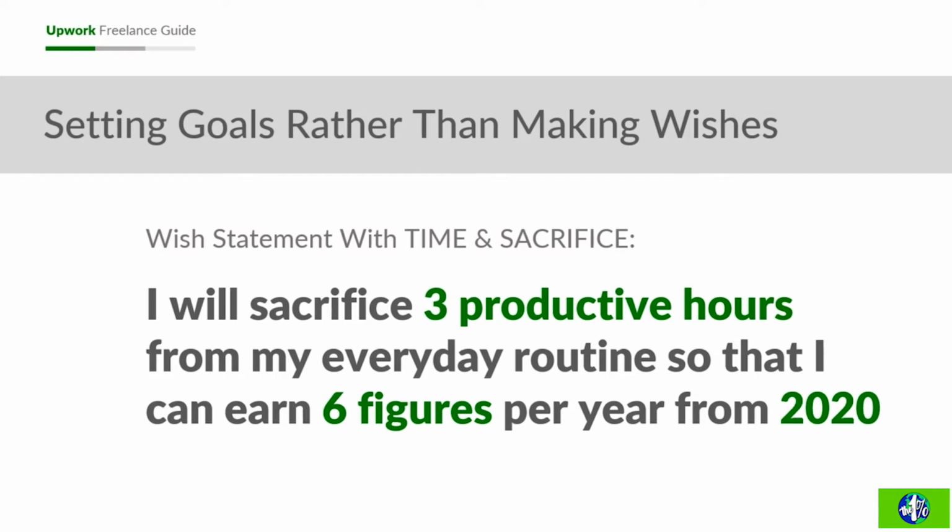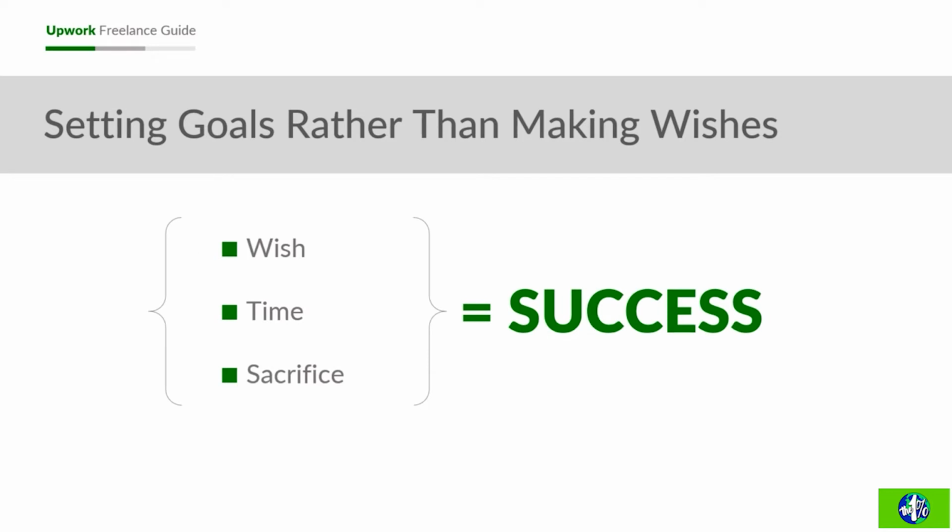I will sacrifice 3 productive hours from my everyday routine so that I can earn 6 figures per year from 2020. See the difference? How the term "I want" becomes "I can." Back to Henry Ford's words, you are now thinking that you can do a thing, aren't you?